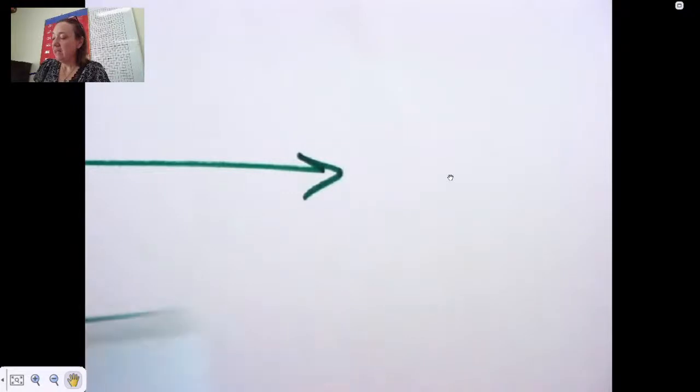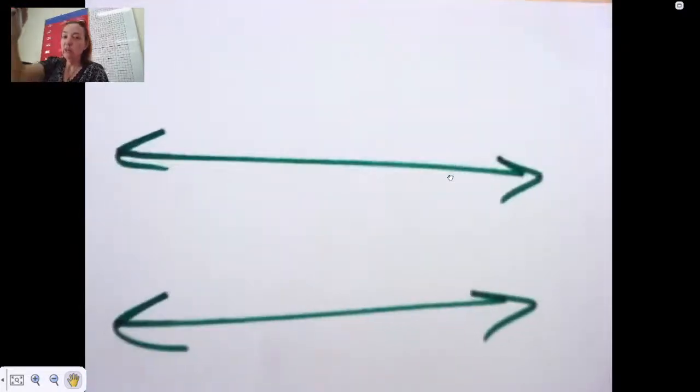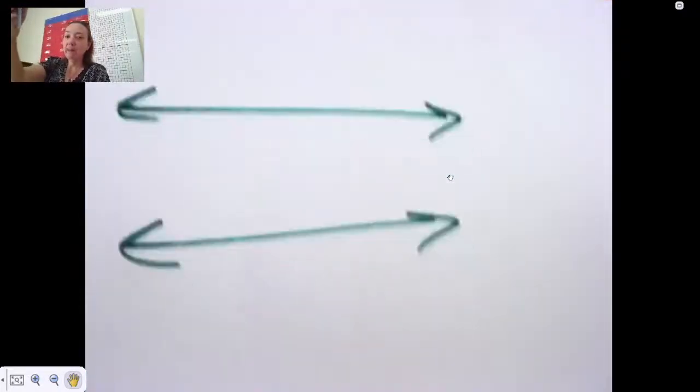I'm going to pull this away for a minute, and I'm going to just do some drawing. On your paper, you need to make 2 lines that go in the same general direction, but they don't have to be parallel to each other. Okay?